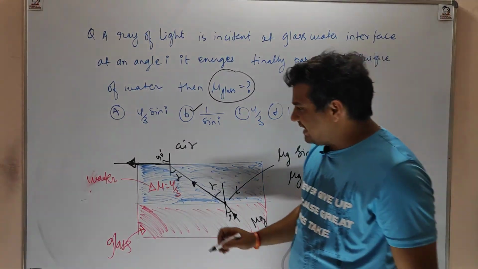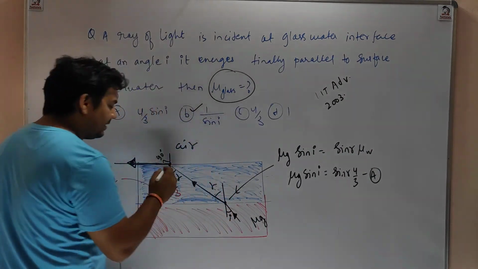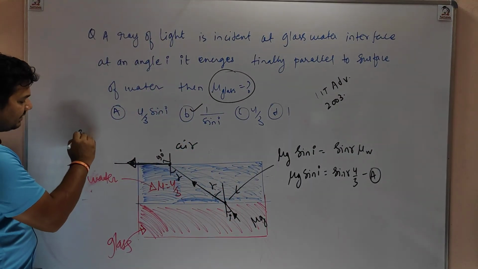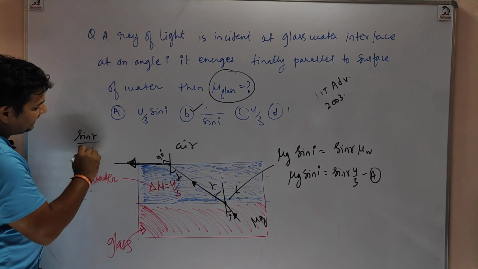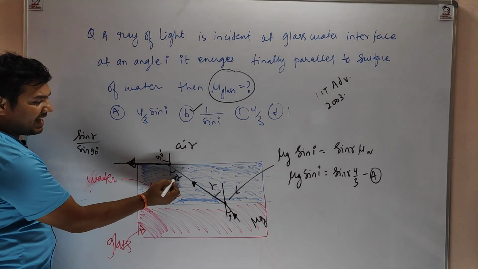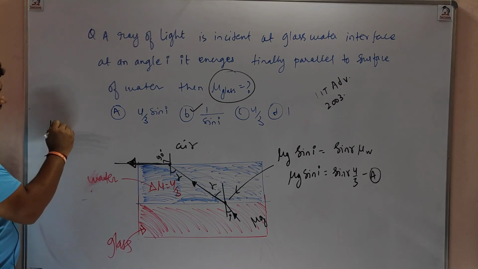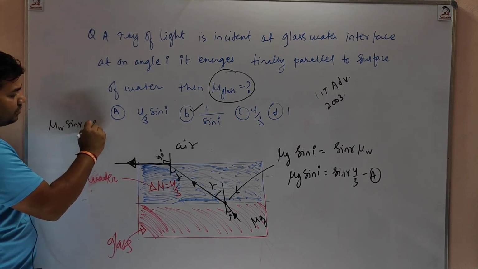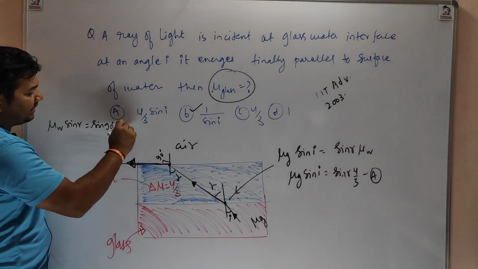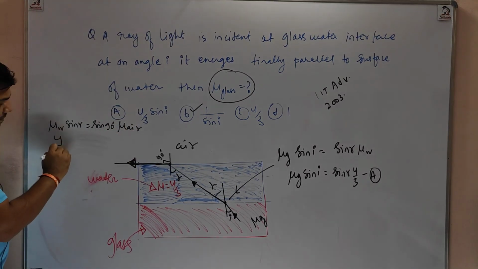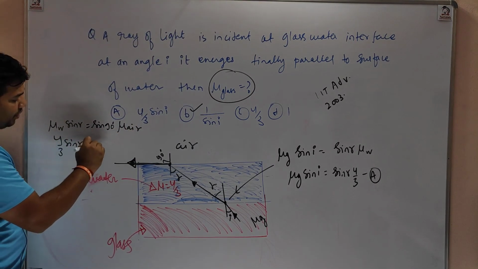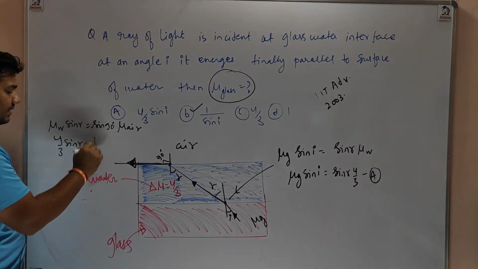Now let's apply Snell's law here. The angle of incidence here is such that mu water into sin R is equal to sin 90 into mu air. So 4/3 sin R is equal to mu air, that is 1.